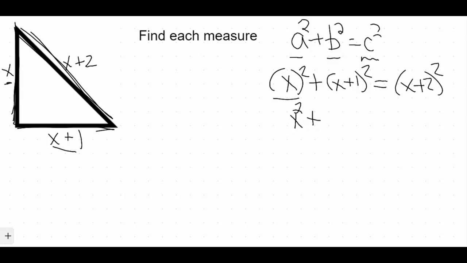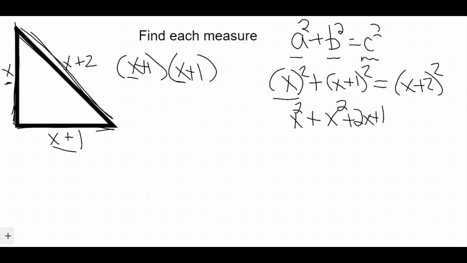Here we can either do the FOIL method to multiply it, or we can just distribute it. If you need to, you can write that out two times and do x plus 1 times x plus 1 and multiply that out. x times x is x squared. FOIL: x times x is x squared.